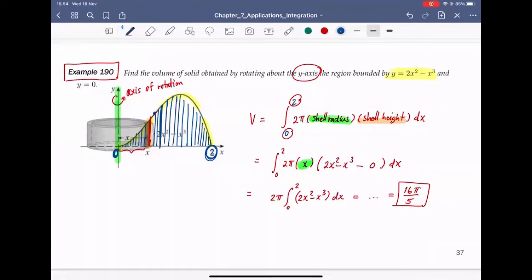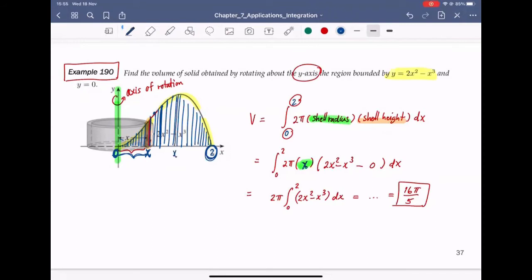Did I miss the x from the radius, or did I miss something? So the radius here is going to be x, because this is 0 to x, right? Your x here is actually the variable, but it is fixed once you fix one point.